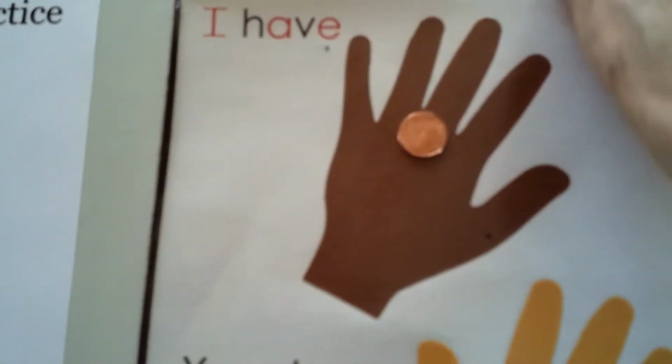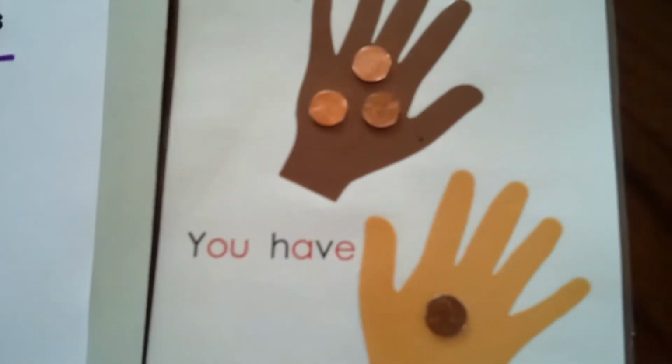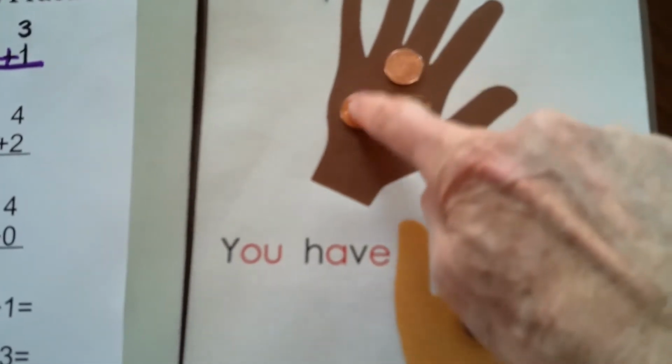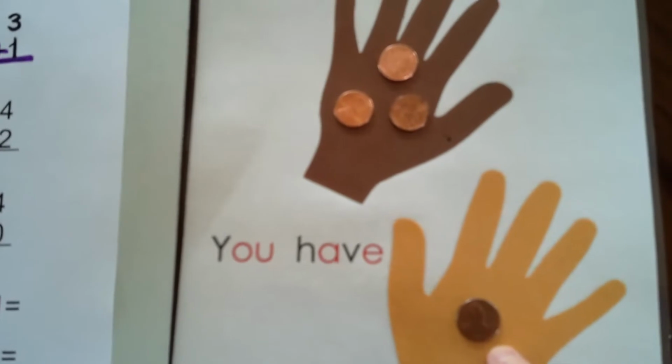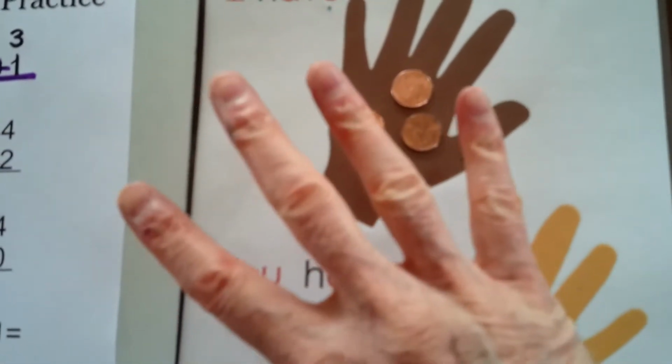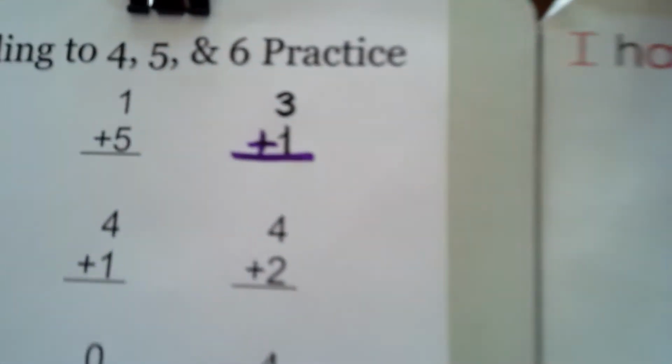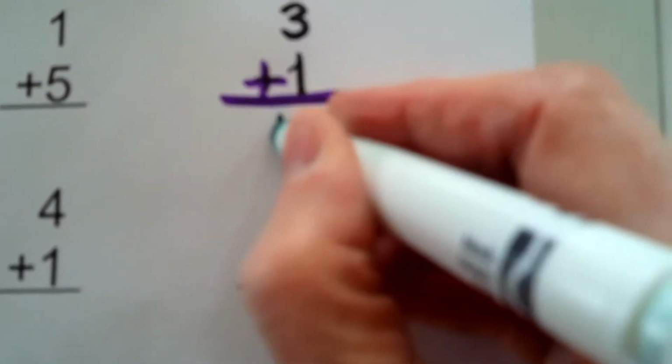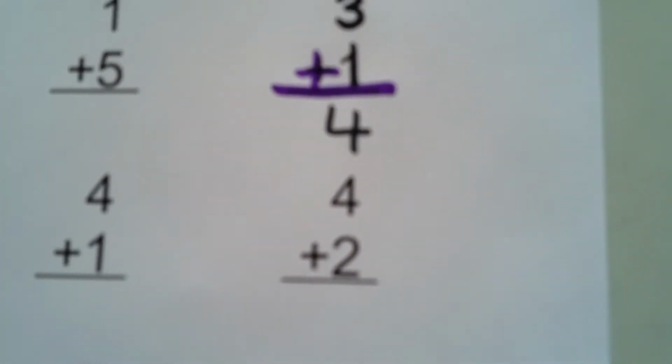So I'm going to put 3 pennies at the top for 3 plus 1. And I'm going to count them. 1, 2, 3, 4. I'm going to count twice. Did you get 4 like I did? Okay, then we'll come on over here and we'll write that number here. Let's read it. 3 plus 1 equals 4. And that deserves a teacher red check.